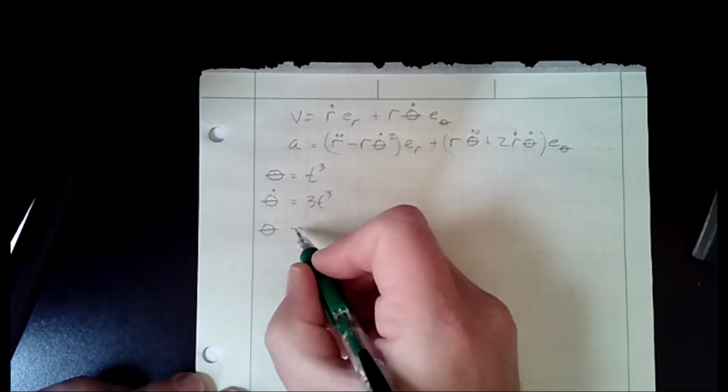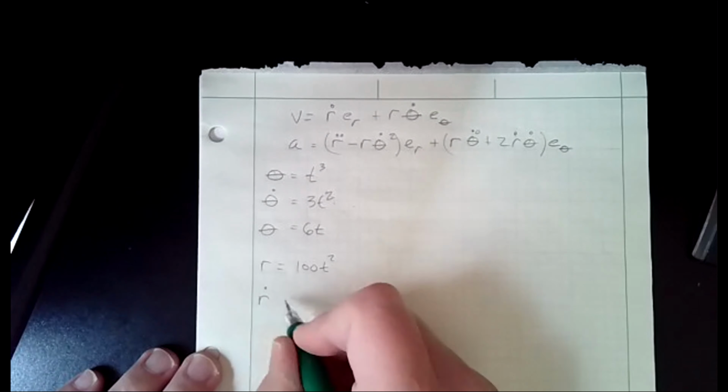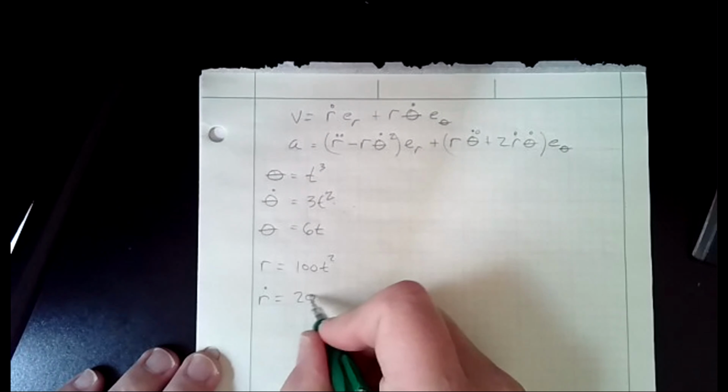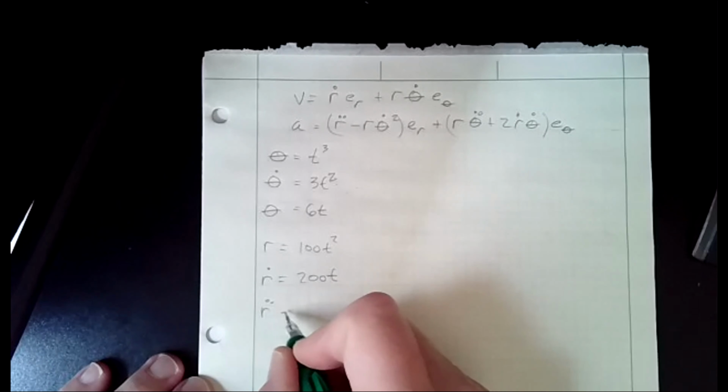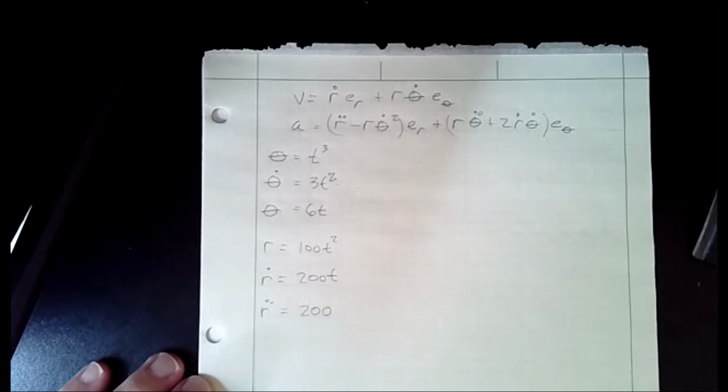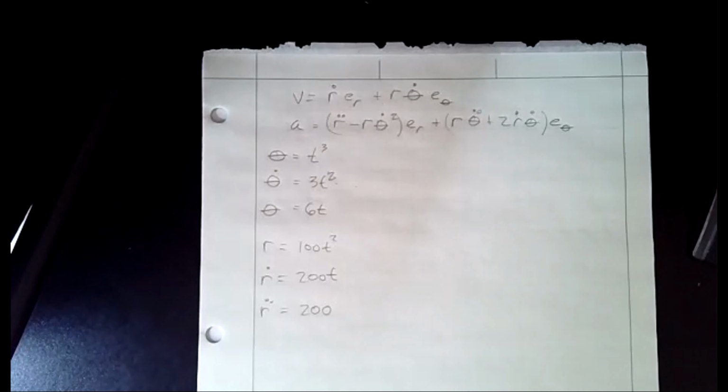If we do the same thing for r, we're given r is 100t squared. And then r dot is just going to be 200t. And r double dot is just going to be equal to 200. Okay, so all we've done is figured out those with the simple equations that we've been given.